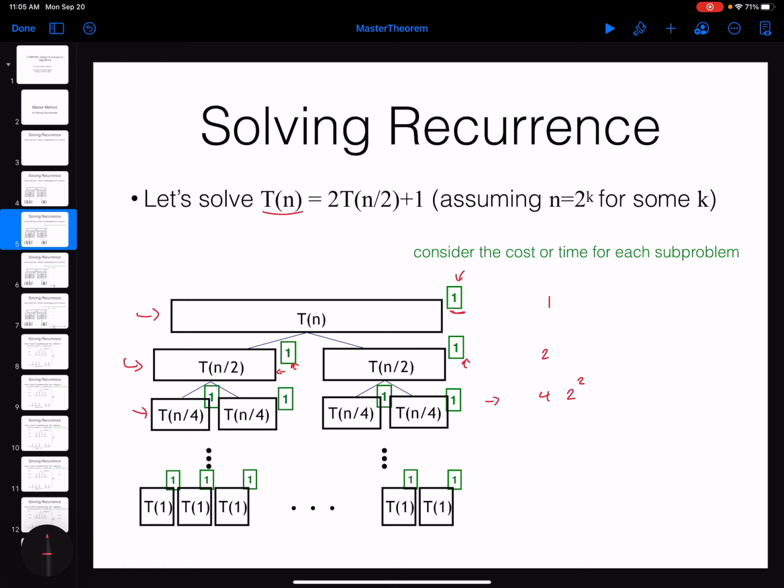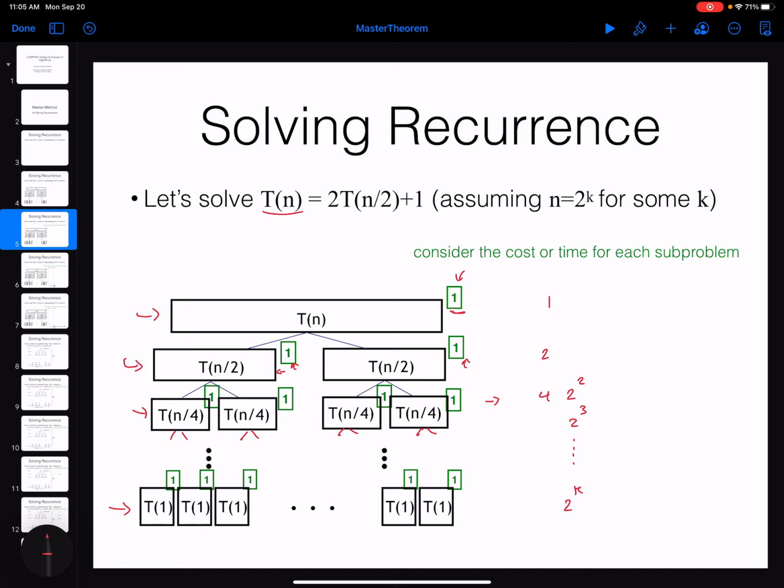In the next level, the cost would be 2 power 3, because all of these boxes will be going to 2 other boxes. And these costs go down until at the last level, or the depth k of the tree, you are going to have 2 power k number of boxes. For each one, the cost is 1.